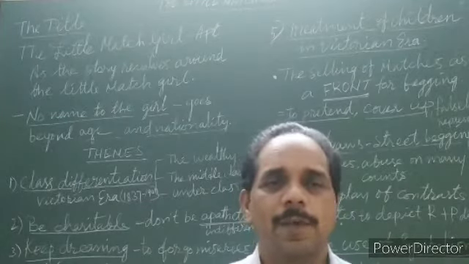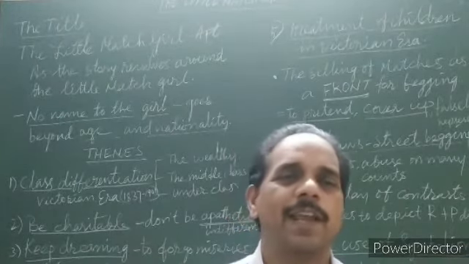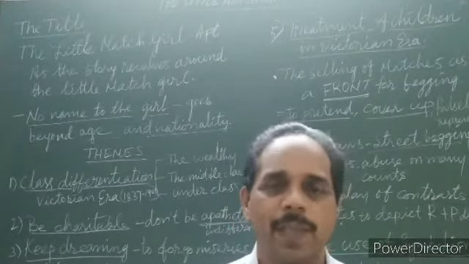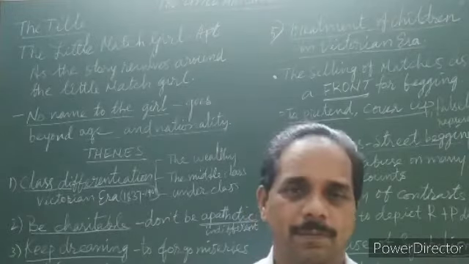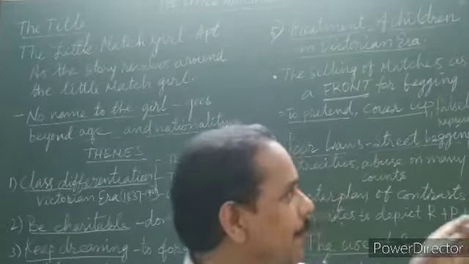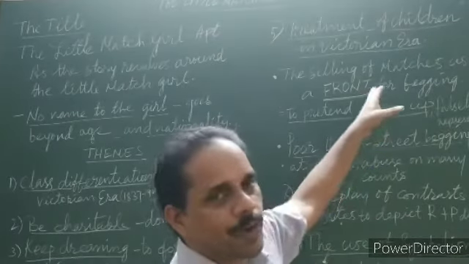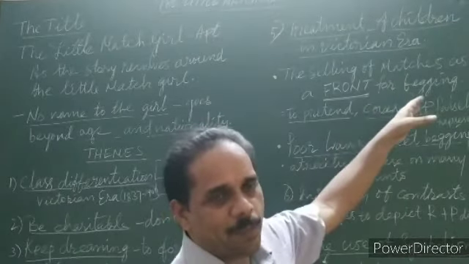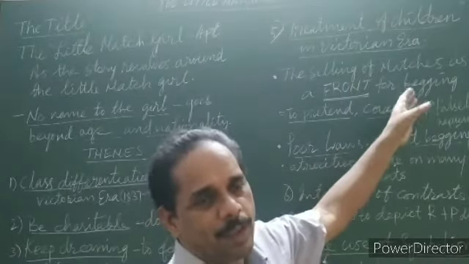You send messages to all your friends, friends will send to their friends, all of them will collect money. It's another form of begging, but a very decent way of doing it. So that is the meaning of as a frond for. Selling of matches was not really selling matches, it was begging.